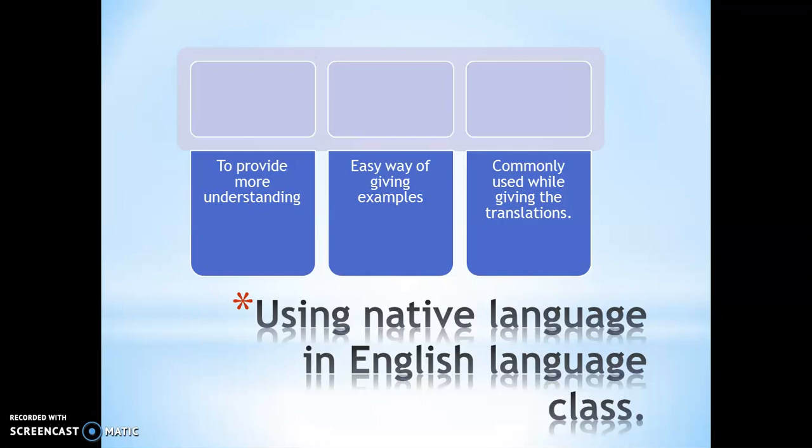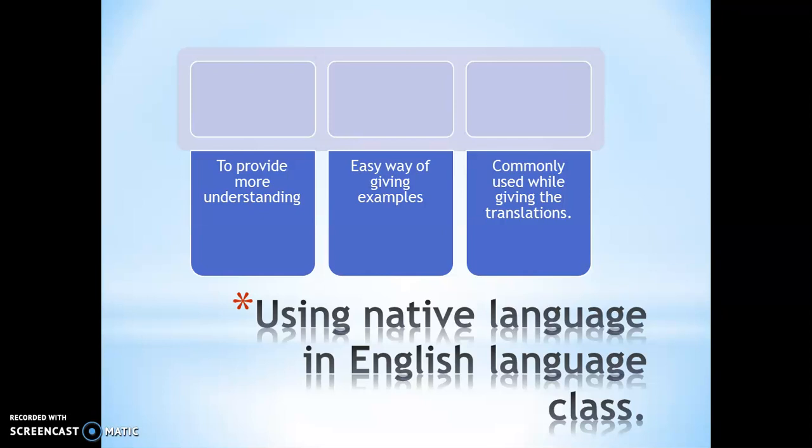The third one, commonly used while giving translation. While the students are working with a word, they ask for the English version, and instead of giving a long definition, we try to give just one short word as the translation.